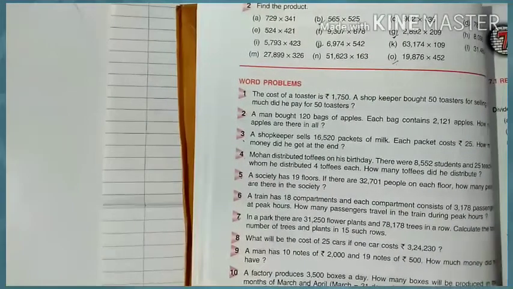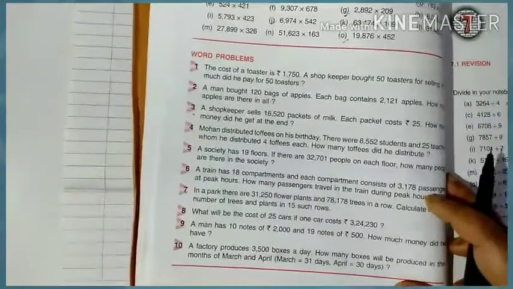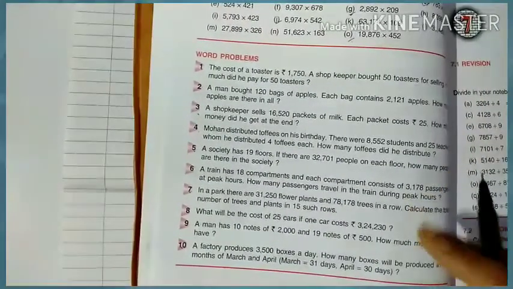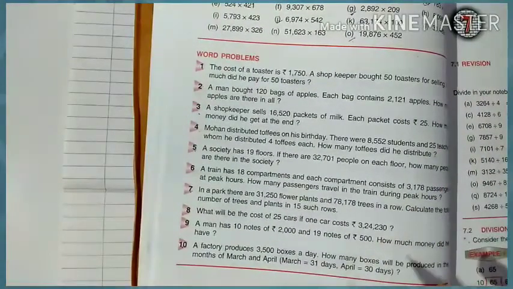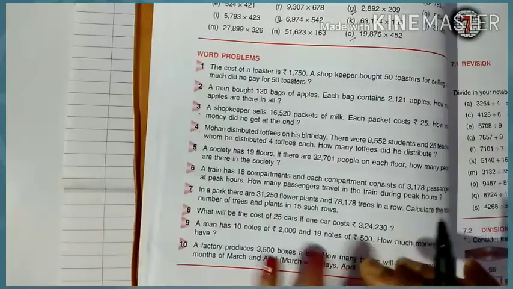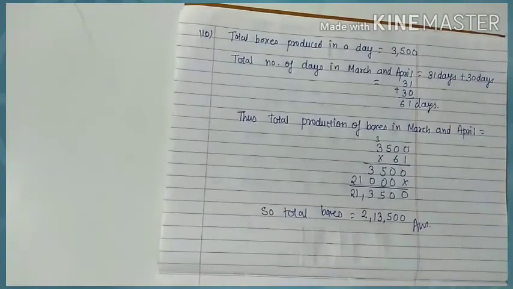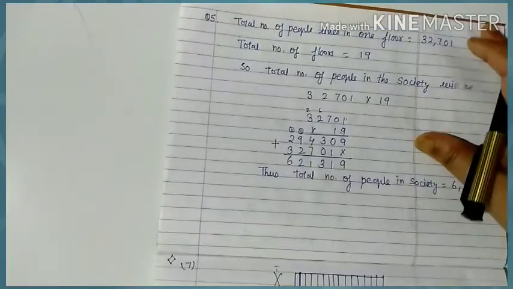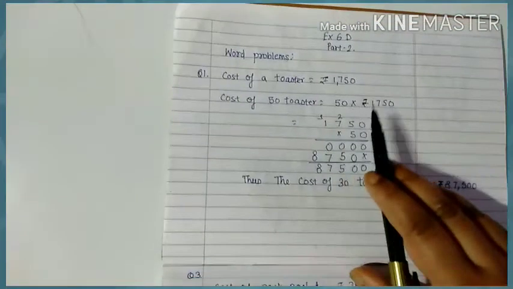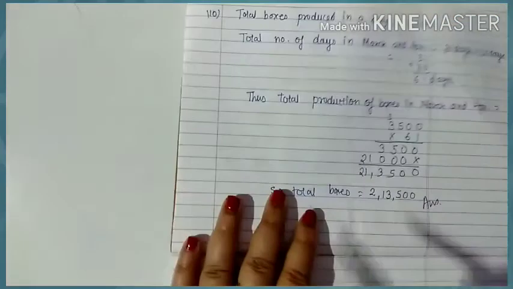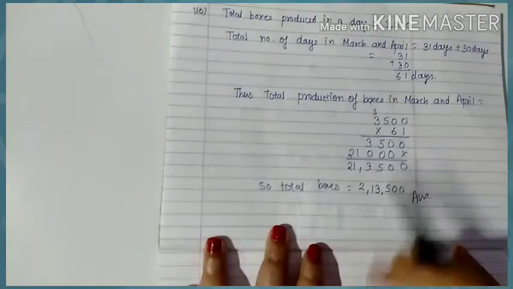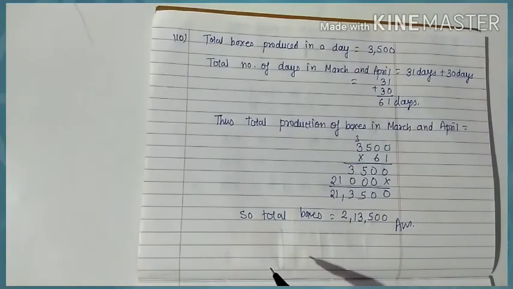I will be giving the homework in the dashboard. You will be doing it. Along with that, note down all the questions of this word problem, whatever I have just now done: the sums 1, 3, 5, 7 and 10. You will be noting it down in your copy. Okay children, thank you very much. Have a nice day.